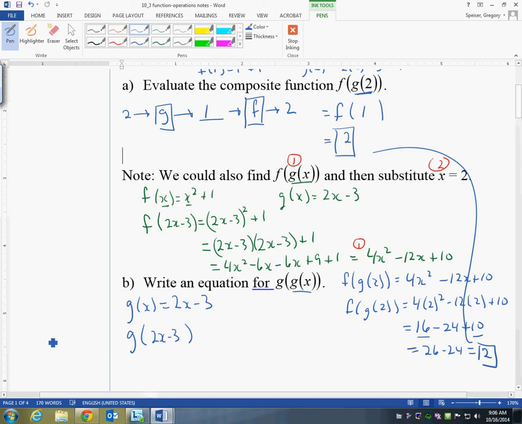So here's our question, and here's our first answer. Now if I plug 2x minus 3 into my original g of x, everywhere I see an x, I get 2 times 2x minus 3, minus 3. When I distribute this 2, I get 4x minus 6 minus 3. So here is 4x minus 9. There's our answer.